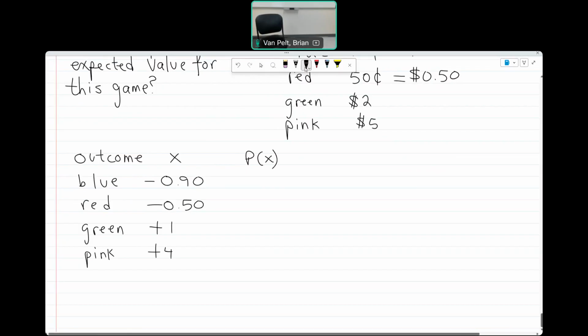What was the probability of getting blue? There were 10 of them that were blue? Yeah. So 10 out of 23, right? And the next one, there were 7.